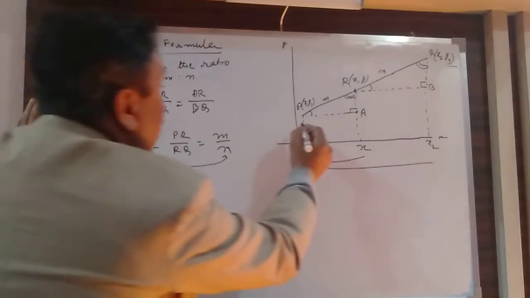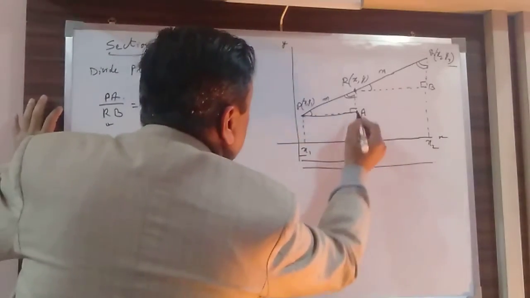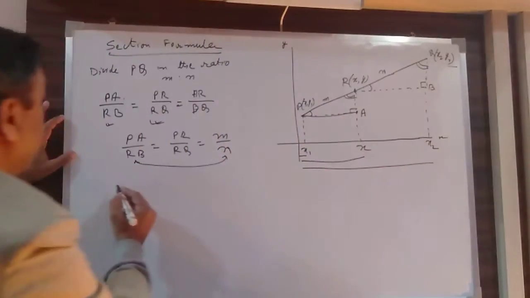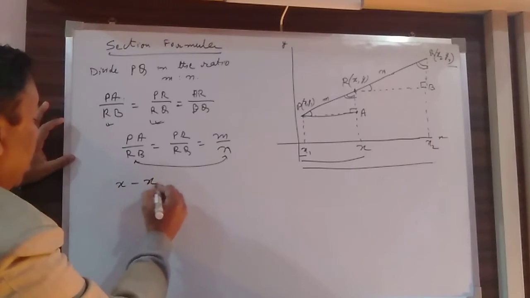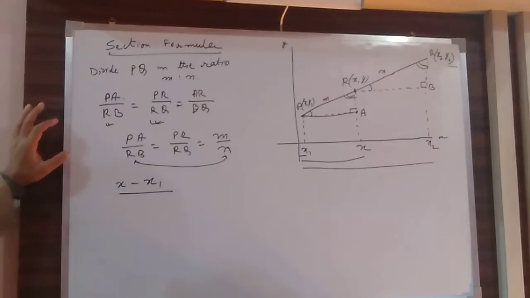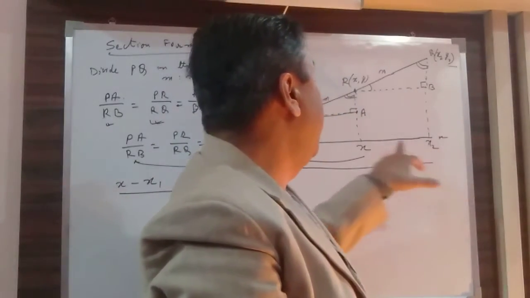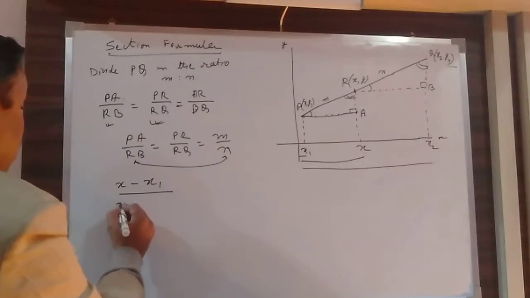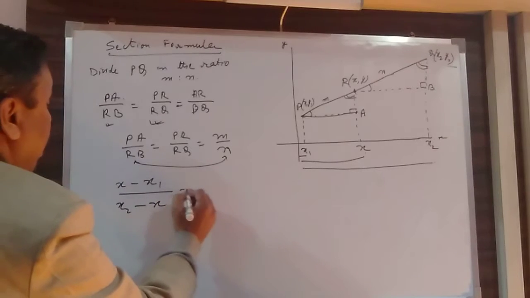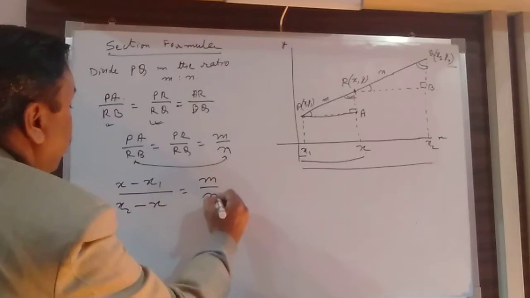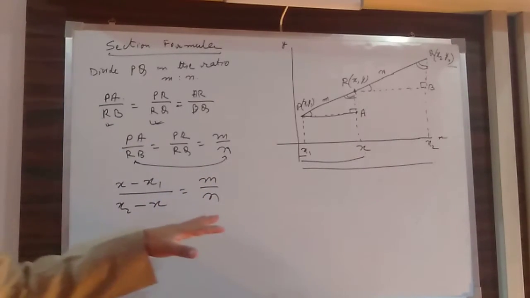PA, this distance will be equal to x minus x1. So x minus x1 divided by RB. Similarly, RB will be x2 minus x, and this will be equal to m over n. Cross multiply it.